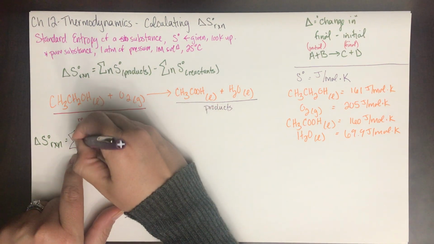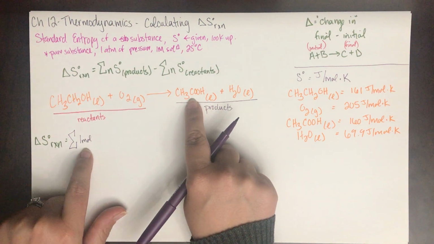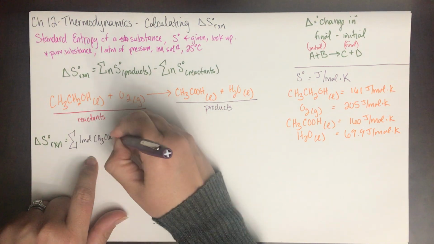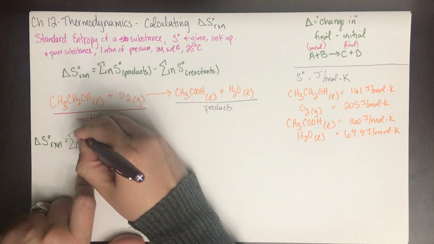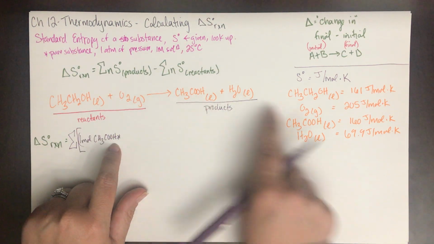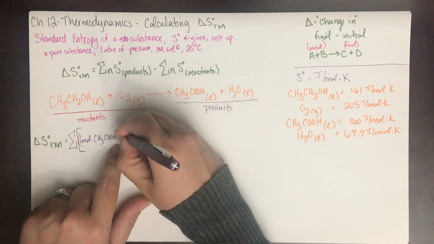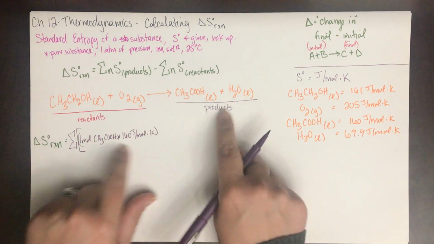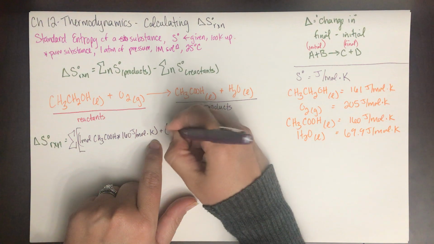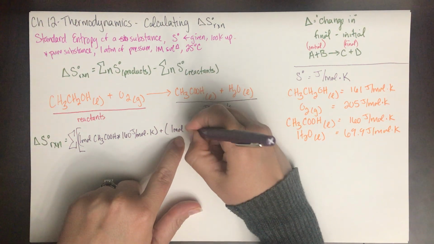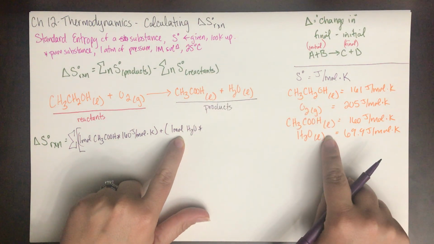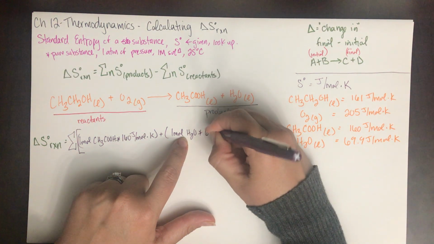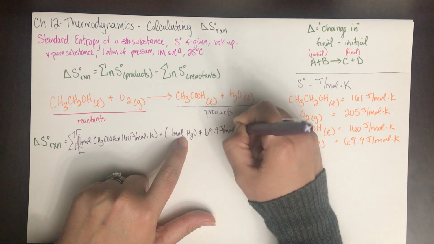So I'm going to say 1 mole of the acetic acid, CH3COOH, times, I'm going to put this whole thing in brackets, times the standard entropy, 160 joules per mole Kelvin, plus 1 mole of water times the standard entropy of water, 69.9 joules per mole Kelvin.